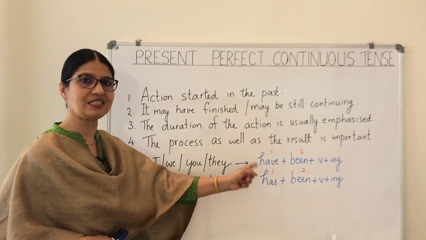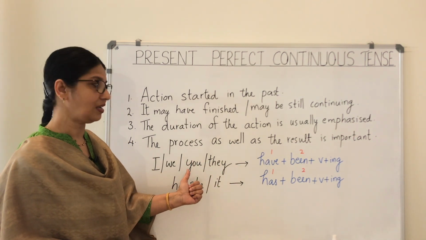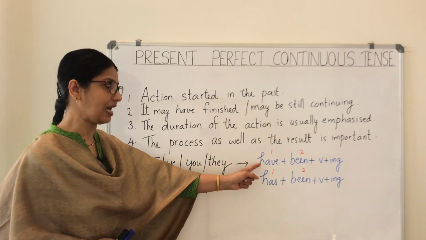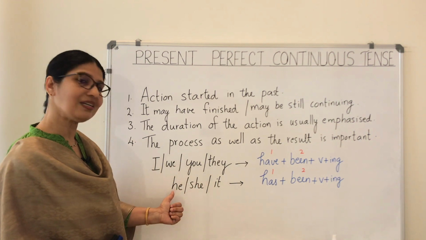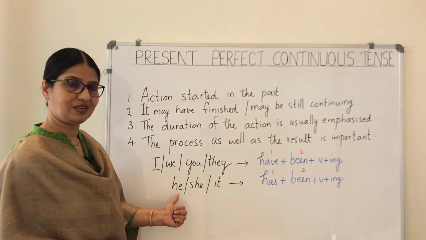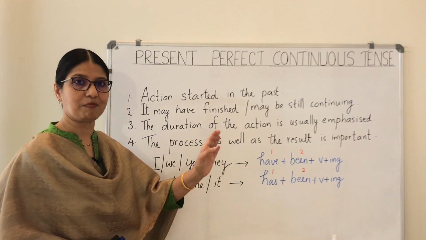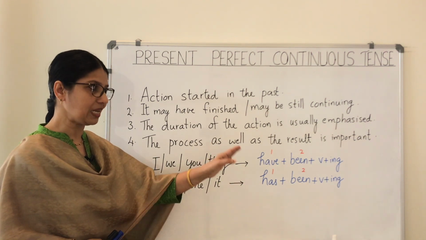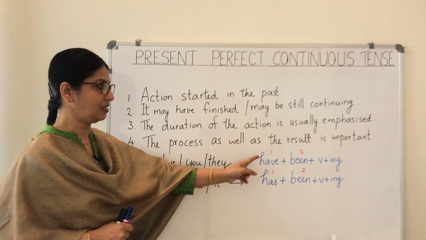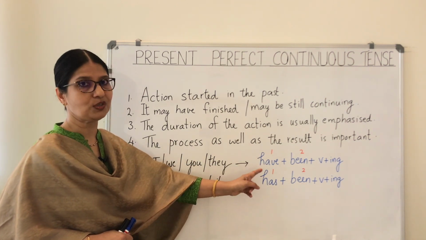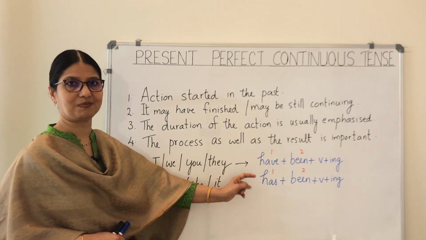And which one changes according to the subject pronoun? The first auxiliary, that is have, becomes has here, because here we use it with the singular pronoun. So the remaining part remains the same. It's been plus verb and ing in both cases, but this part changes according to the subject pronoun which is used.